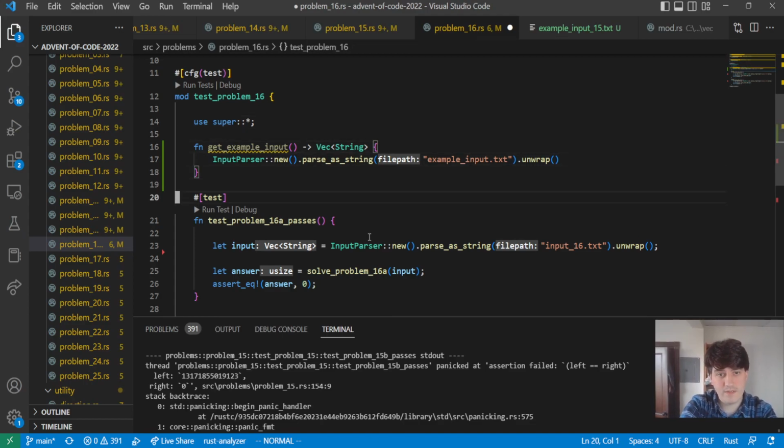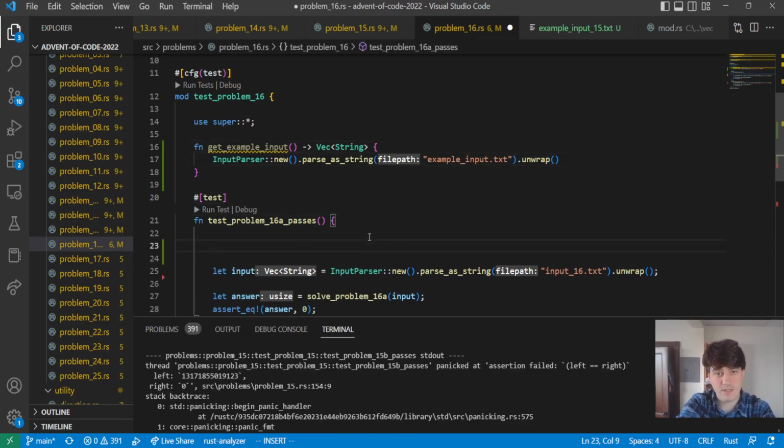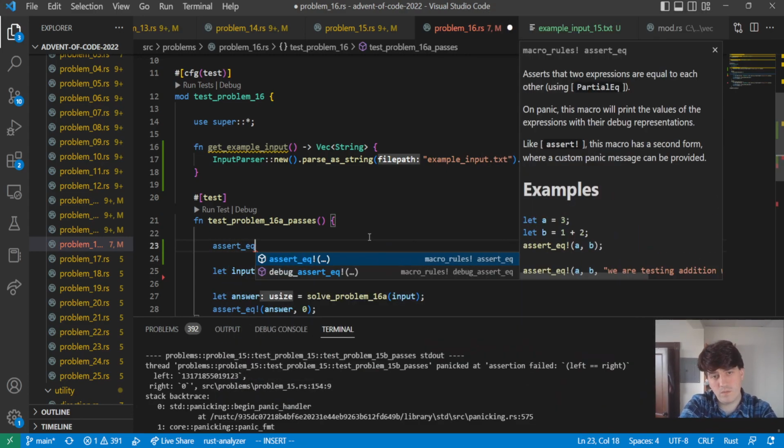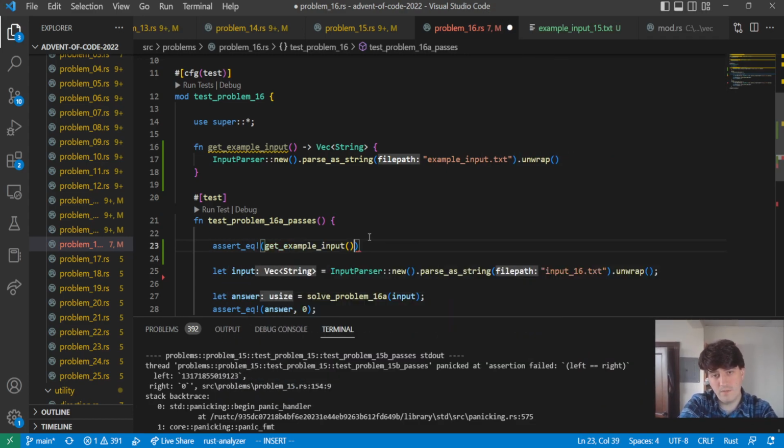So our example test, or integration test, will be assert equals get example input. We want to solve problem 16a with the example input. We want to compare it to the answer, which is 1651.